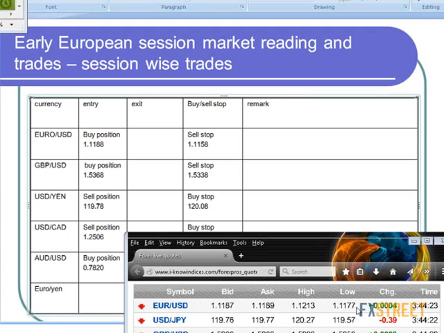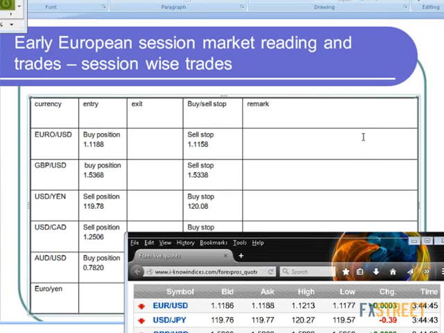I was telling you, if they don't breach, they will not breach it till 14 GMT. Let us see whether it is happening or not. So for 30 minutes, 8 to 8:30 GMT, if they don't breach the low, they will not breach the low till the end of the session. That is why we wait till 8:30 GMT.